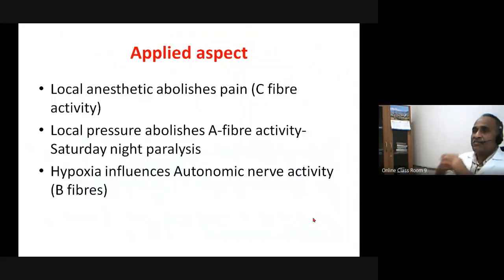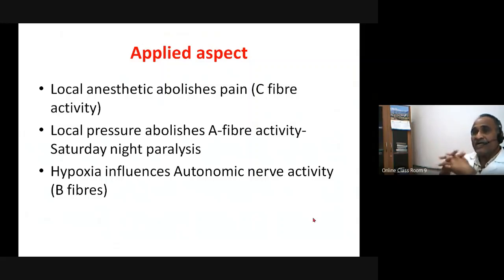Okay, then the applied aspect. I mentioned local anesthetic abolishes the pain because C fibers are sensitive to the local anesthetic. Local pressure abolishes A fiber activity.